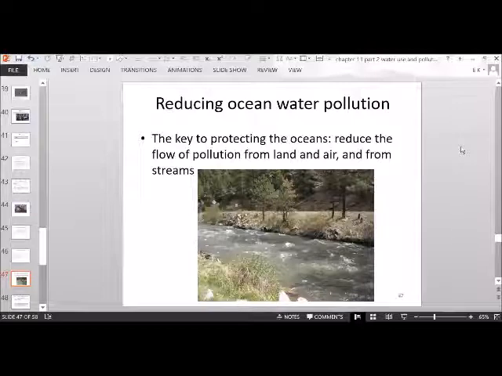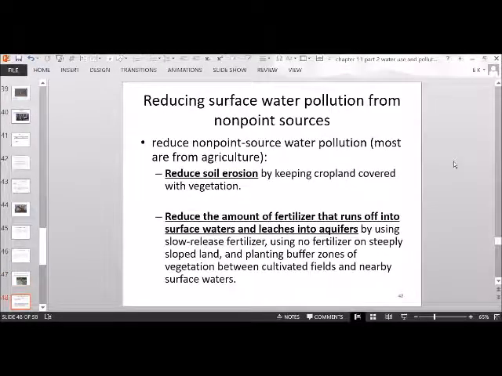The key to protecting the oceans is to reduce the flow of pollution from land and air and from streams. We could reduce surface water pollution from non-point sources. Most of the sources are from agriculture, as I mentioned earlier.